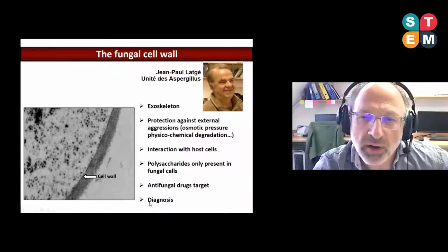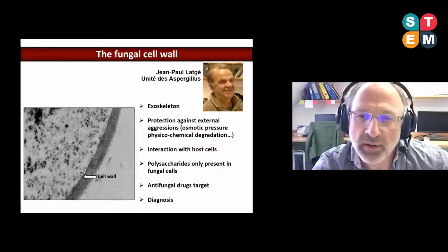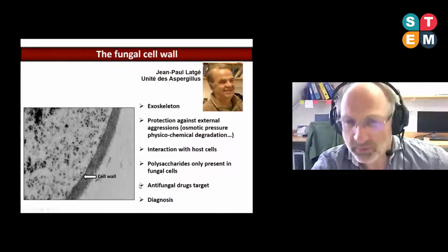The polymers of the cell wall are also used for the diagnosis of Aspergillus fumigatus.